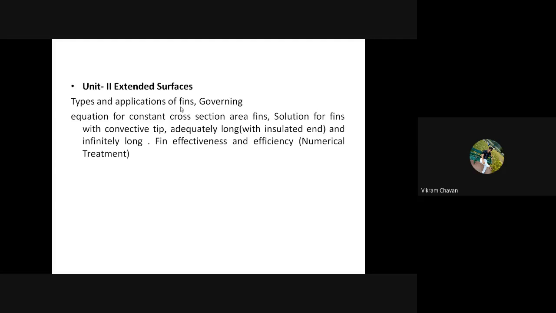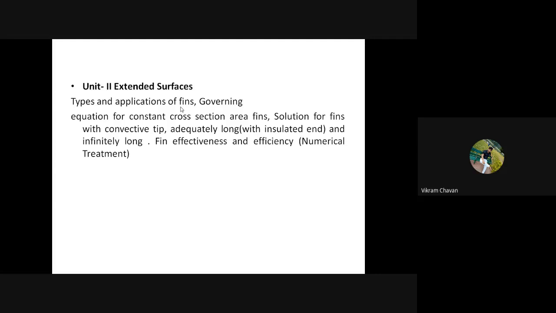So in that case we have to increase the surface area, and for that purpose we have to use the knowledge of extended surfaces and apply that knowledge to such applications, to increase the heat transfer rate. So that is nothing but extended surfaces.